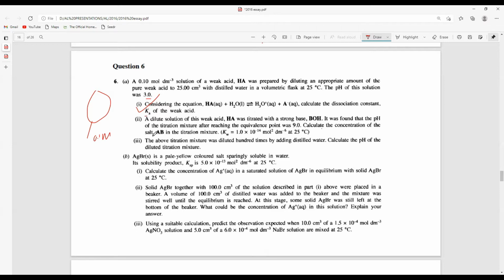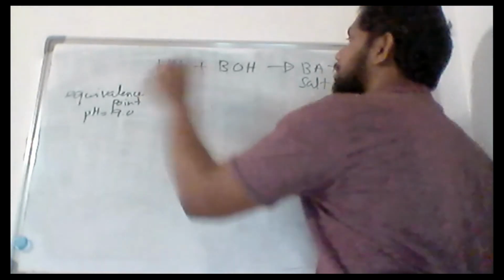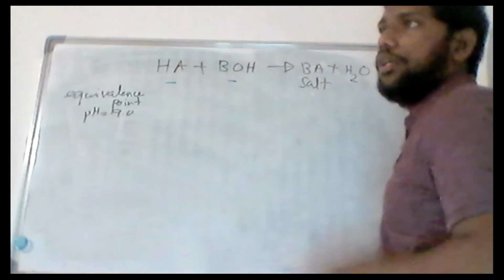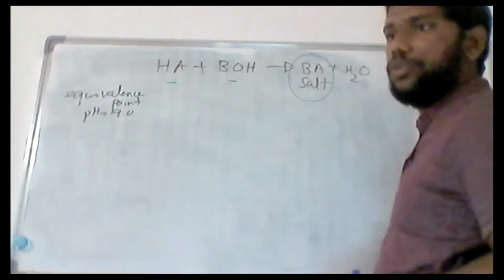The only thing that you have to understand here is this. Now, at equivalence point, you will not have the acid and the base. The only thing that you have here at the equivalence point is the BA salt.